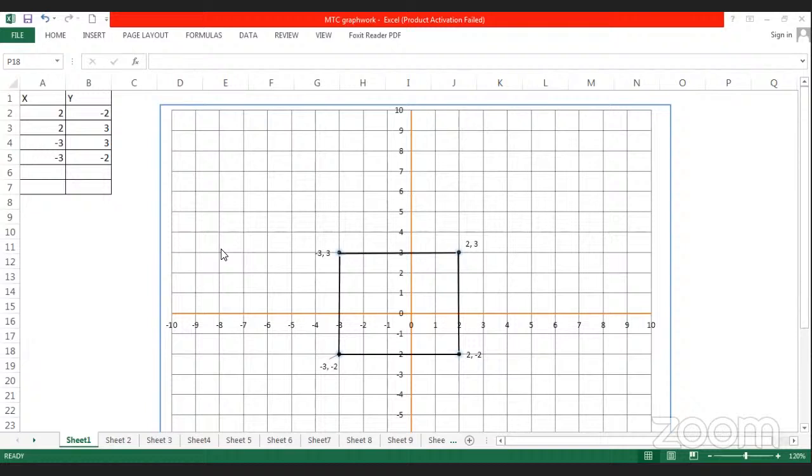Okay, so Laura was explaining to us that she plotted the points 2, -2, 2, 3, -3, 3, and then she was able to identify that she needs to do the counting in order to have the other point that was missing. So she was able to do that.